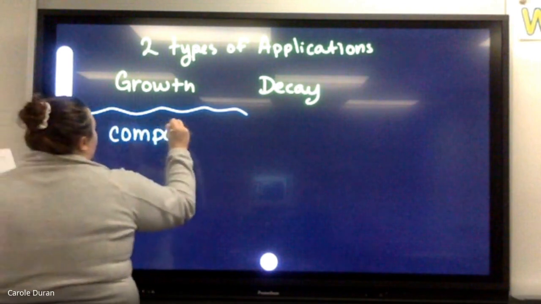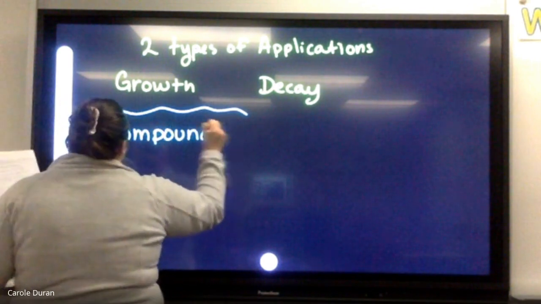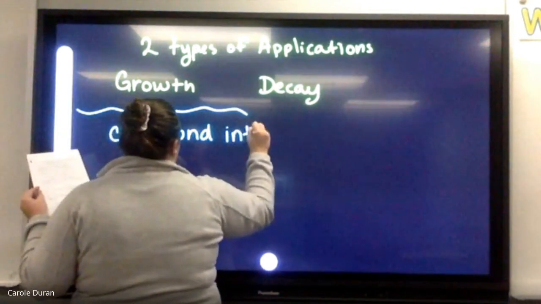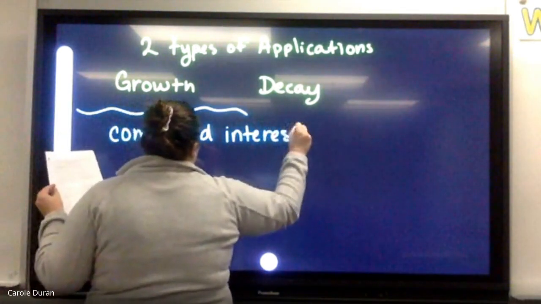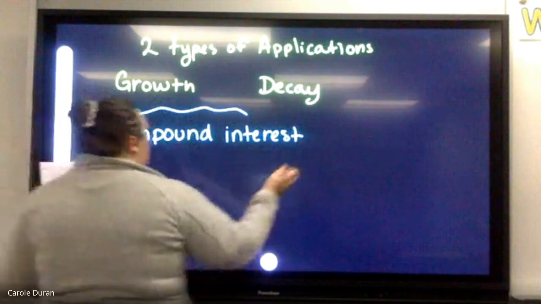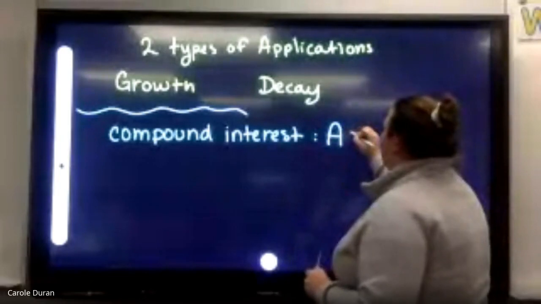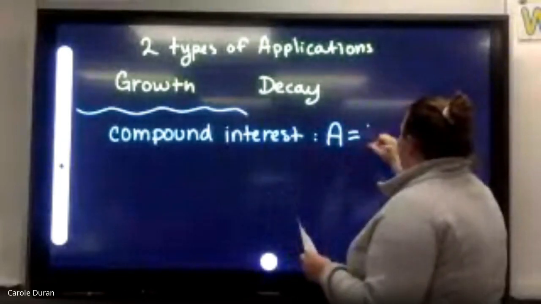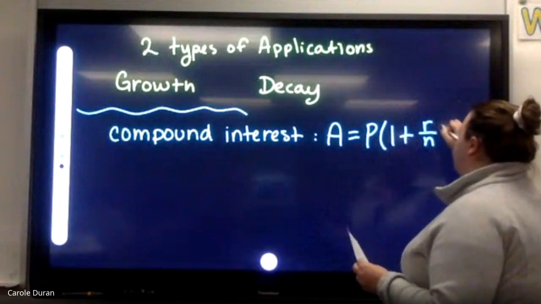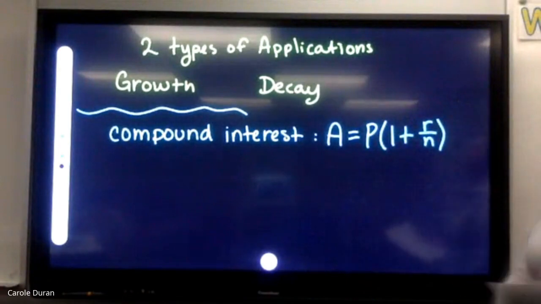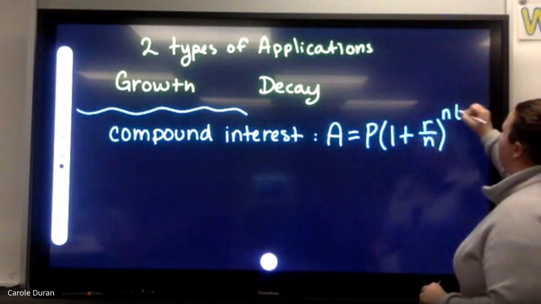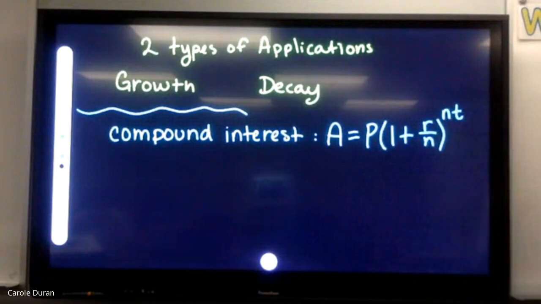When we talk about interest, there are two kinds, and this is usually under growth applications. Compound interest has the equation: amount equals principal times one plus the interest rate divided by the number of times per year that we calculate, all taken to the n times t.